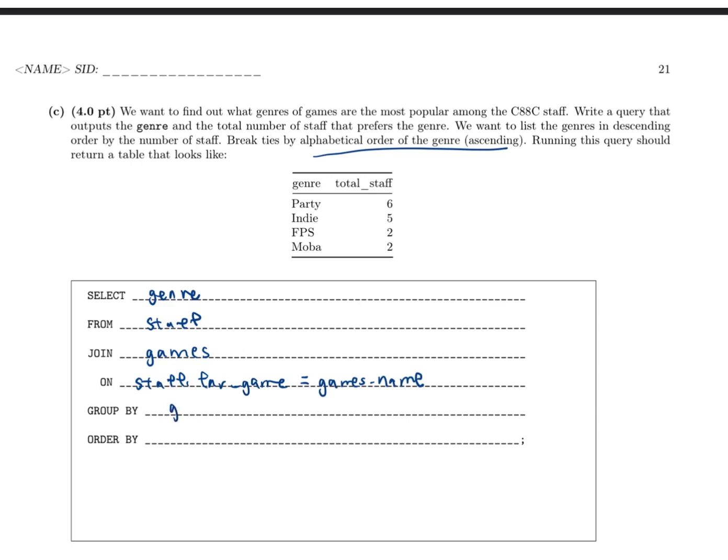And then we group by genre. And then we want to order by total staff descending, genre ascending.